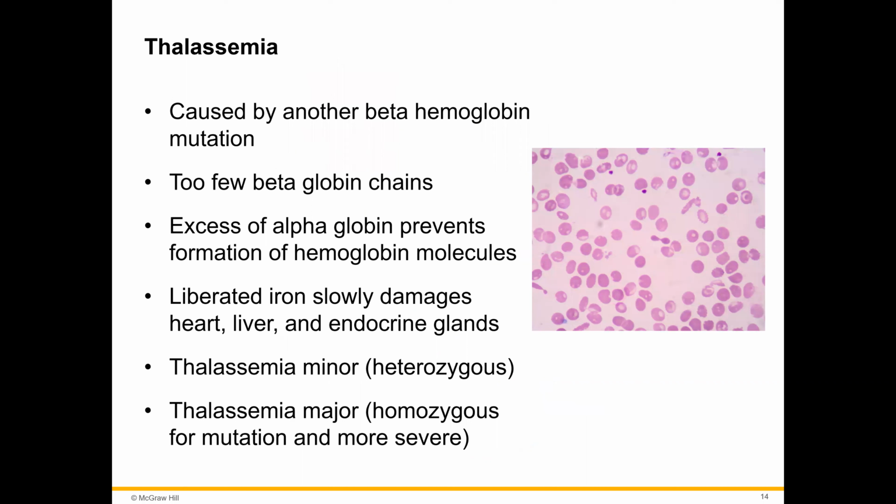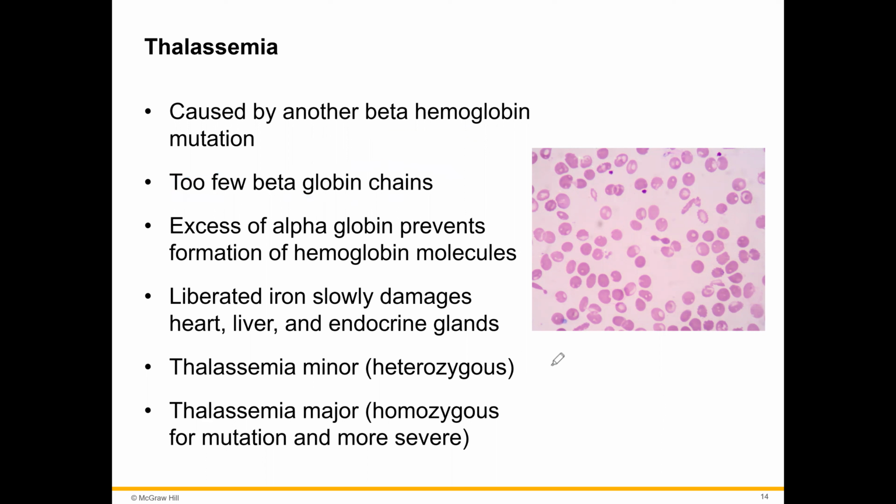Another disease, thalassemia, is caused by another beta hemoglobin mutation. So it's the same protein, beta globin, that is part of hemoglobin, but a different mutation. This mutation results in too few beta globin chains.